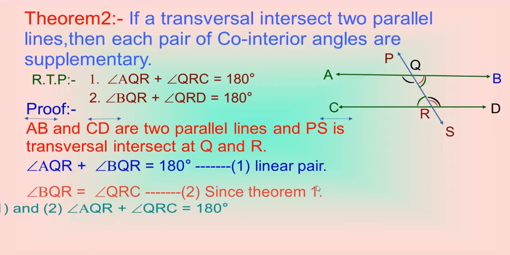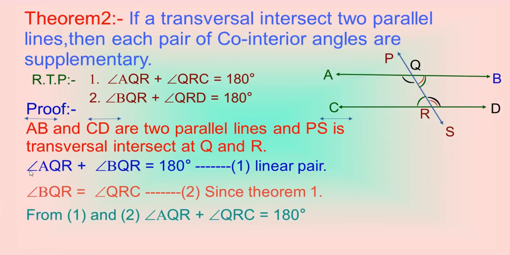From 1 and 2, AQR plus BQR is equal to 180, and BQR is equal to QRC. Substituting QRC in place of BQR, therefore AQR plus QRC is equal to 180. So the first is proved, and similarly the second one, angle BQR plus angle QRD is equal to 180 degrees.